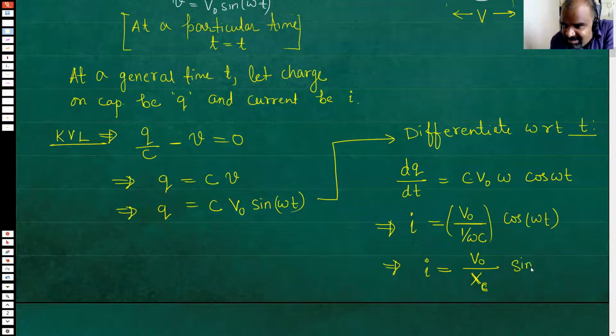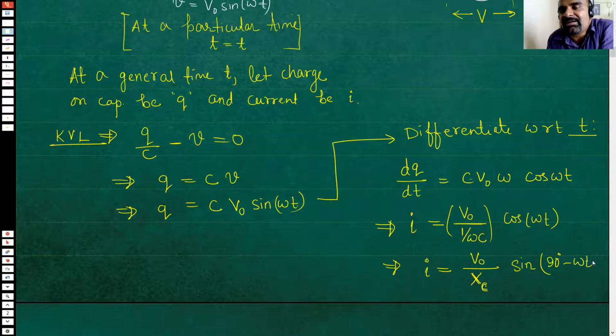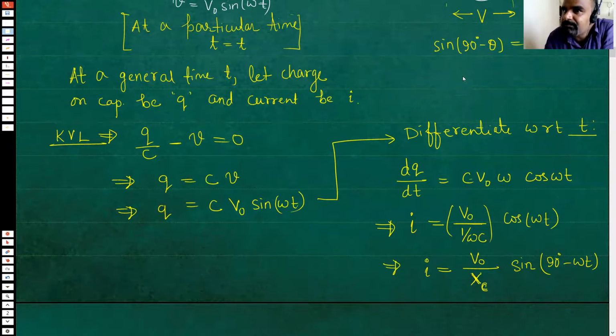I will convert cos into sine. Now, most of the time when I ask the student to convert cos into sine, they say 90 degrees minus omega t, because you have studied it in class 9th itself that sine of 90 degrees minus theta is cos theta, and cos of 90 degrees minus theta is sine theta.